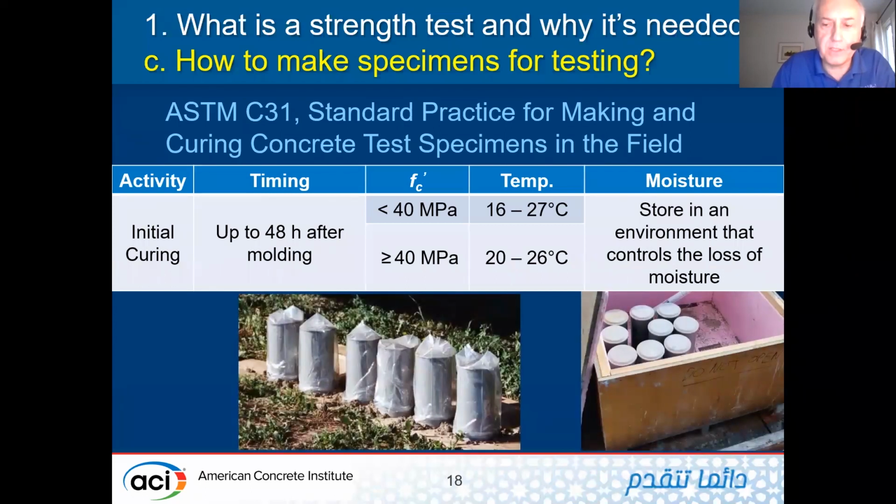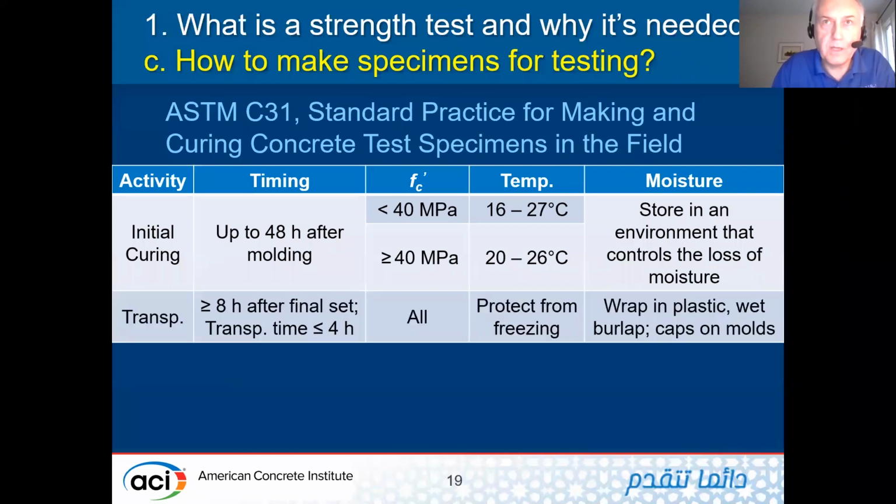The next thing is the transportation to the laboratory. That can happen at least 8 hours after final set of concrete, and the transportation itself shouldn't exceed 4 hours. So we're still talking about the period of time within the initial 48 hours after molding.